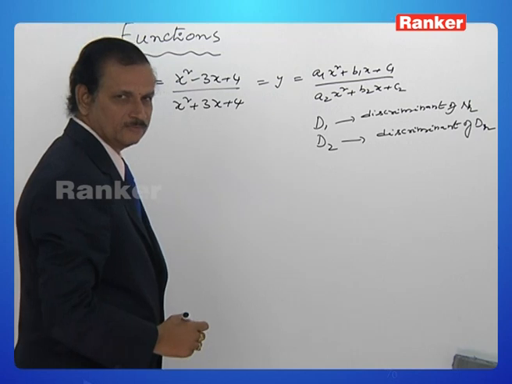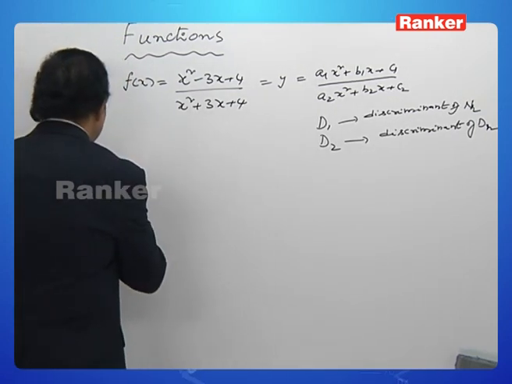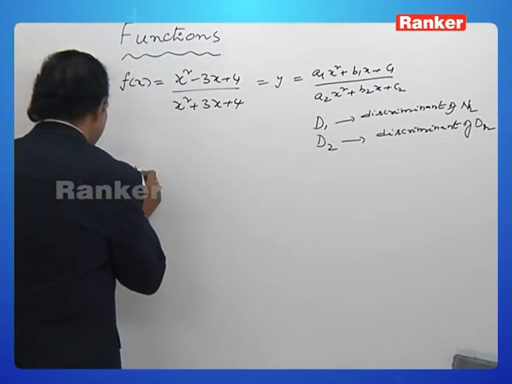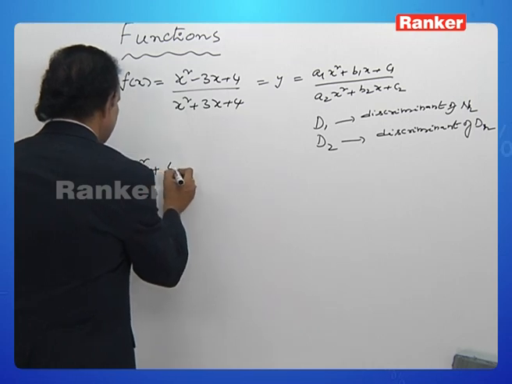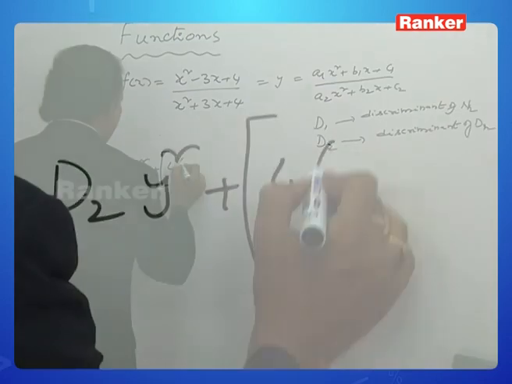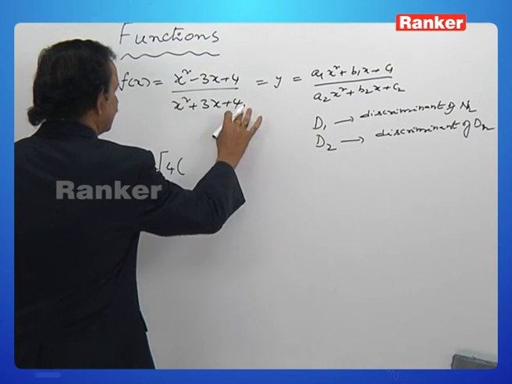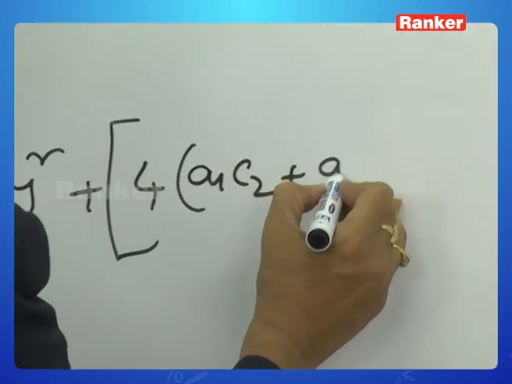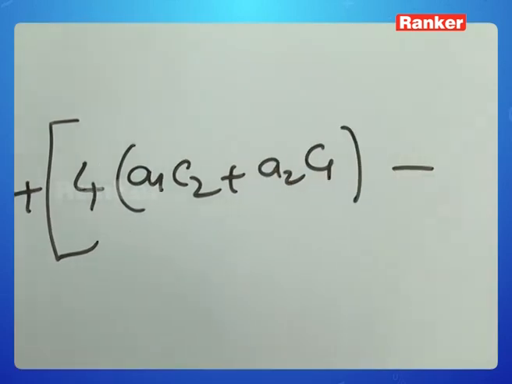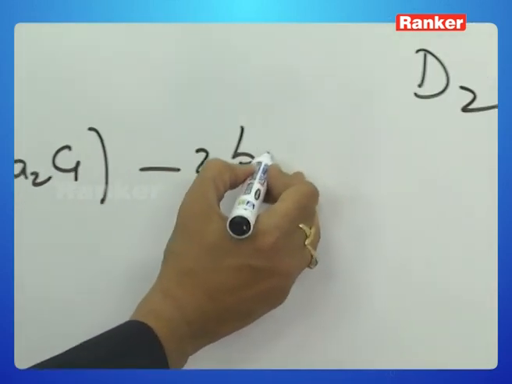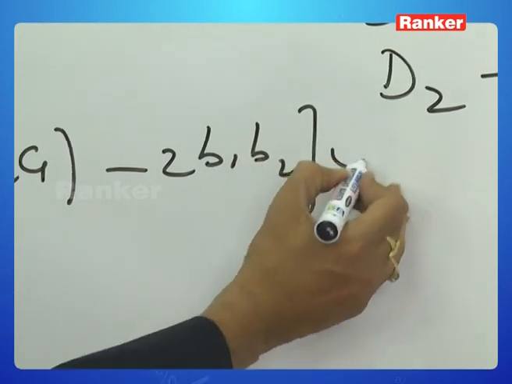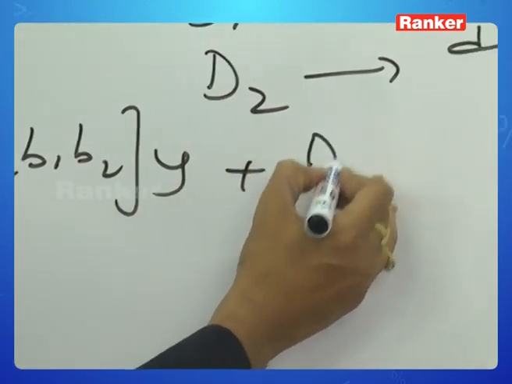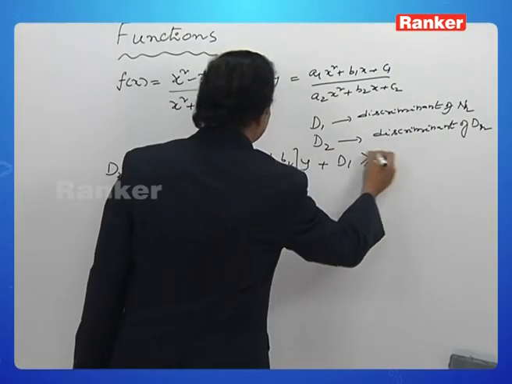With this symbolism, what happens? d2 into y square plus 4 into a1 c2 plus a2 c1 minus 2 b1 b2 into y plus discriminant of the numerator greater than or equal to 0.